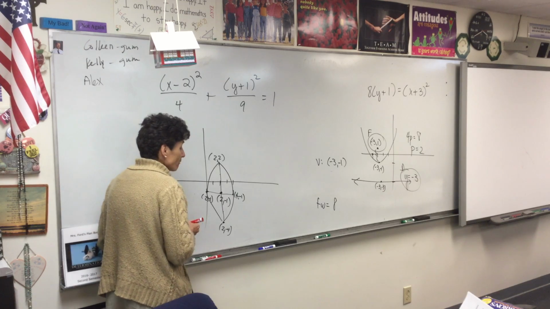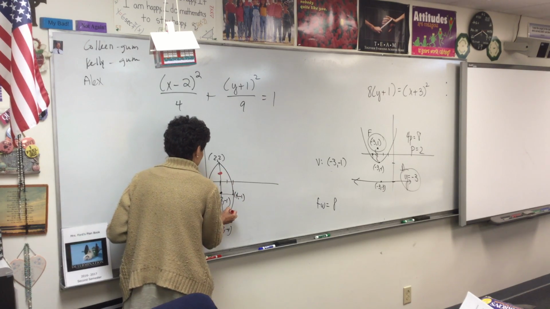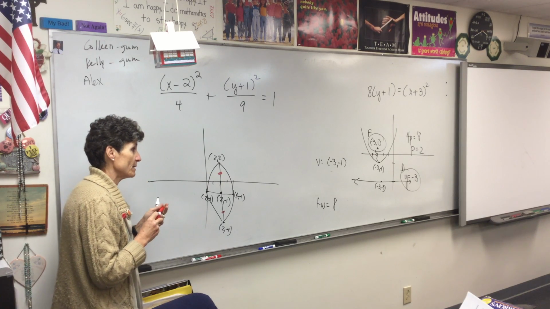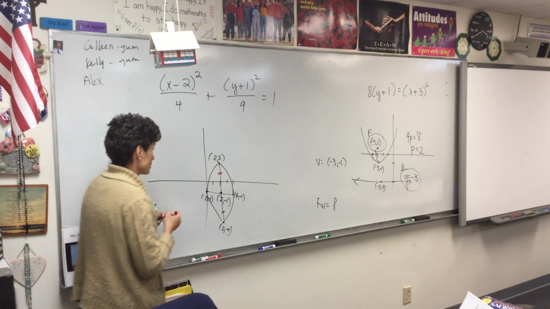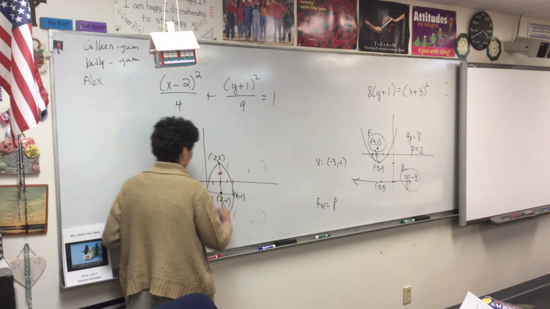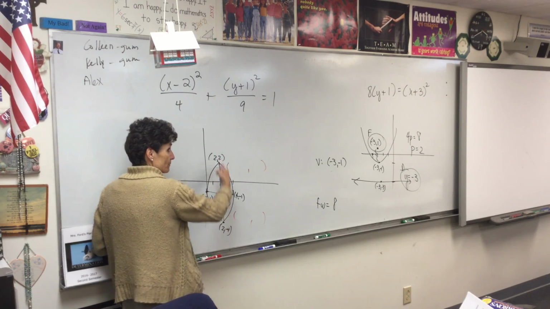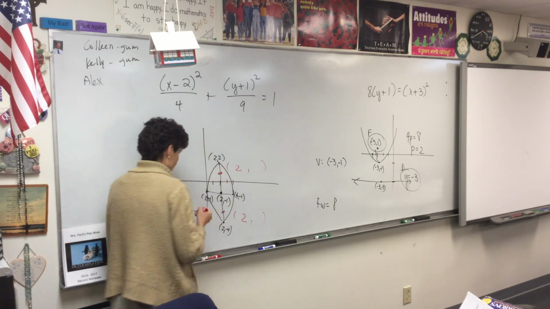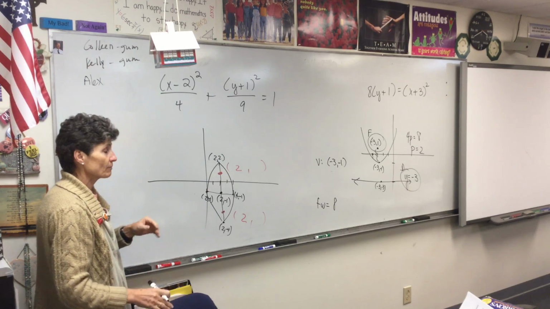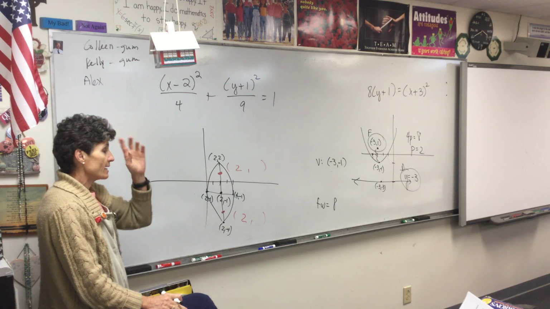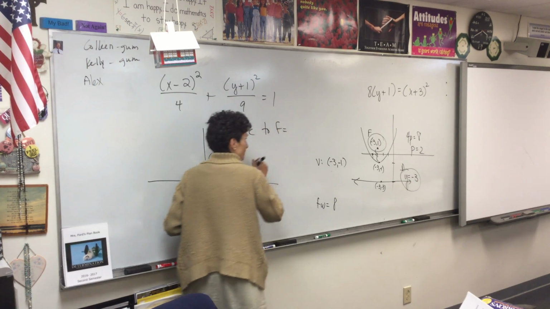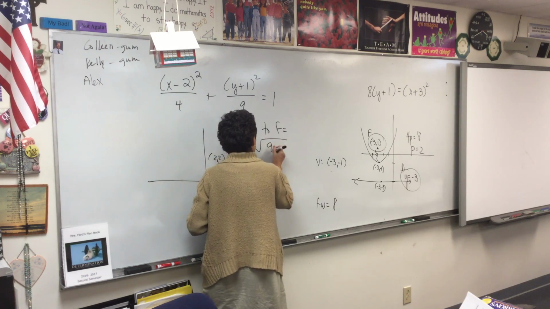The only thing left are the foci. I don't know what they are. You don't know what they are maybe, but you can get half credit by just paying attention. What do you know about every point on this line right here? X is 2. So there's half. Now the rest of it's a little harder. You have to remember that to find the distance from the center to the focus, we subtract our denominators.